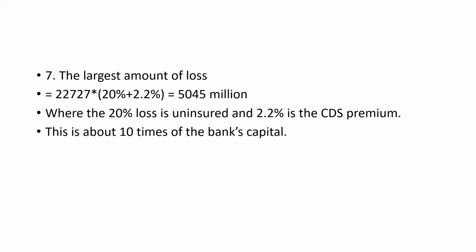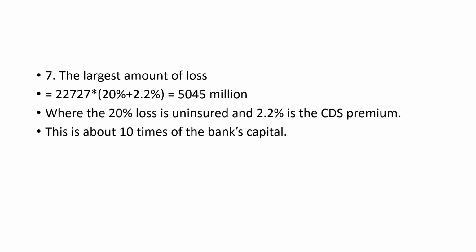7. The largest amount of loss is equal to the amount of asset times the amount of loss per $1 million. The amount of loss per $1 million is 20%. That 20% is the amount of loss not covered by insurance, plus 2.2%.